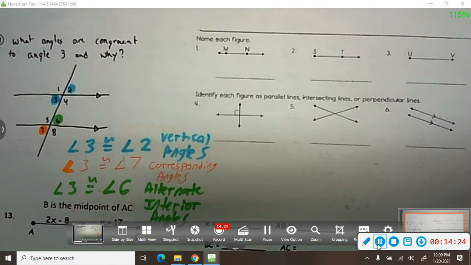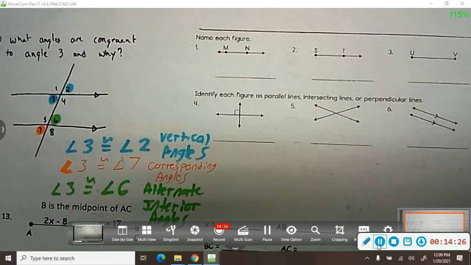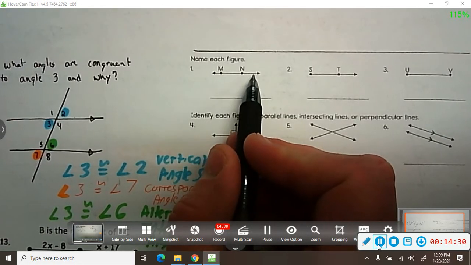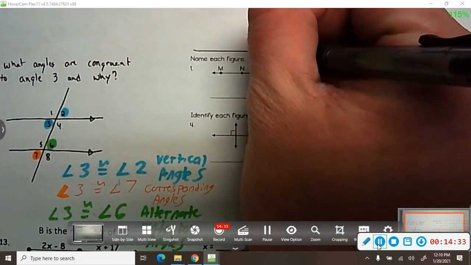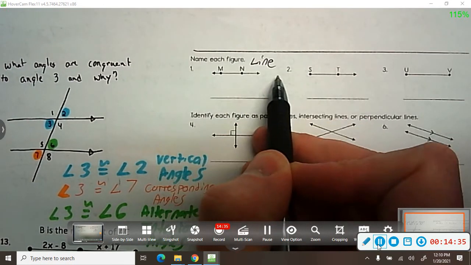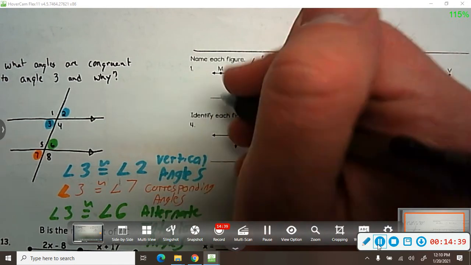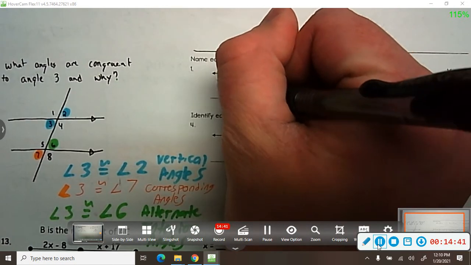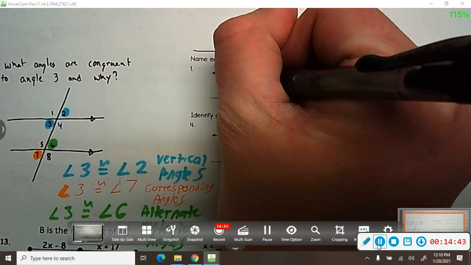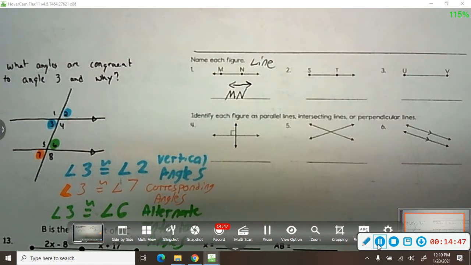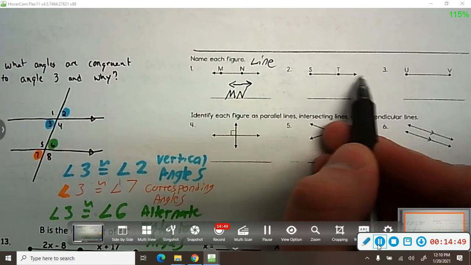Here, I'll go through this part pretty fast. This is what we call a line. So this is a line because it goes in both directions. Now if I'm going to name this, I would call this MN. And remember, you put an arrow on top to show that it's a line. This is what we call a ray.